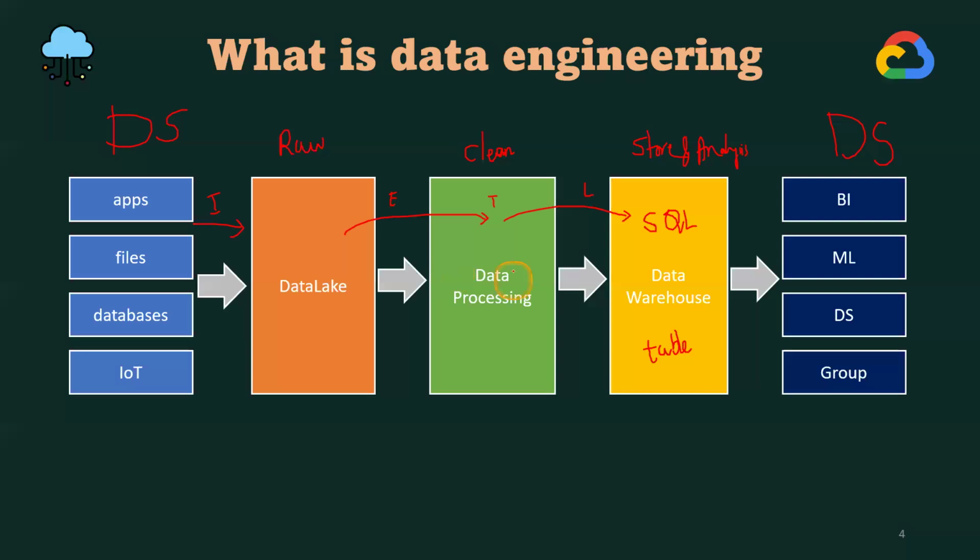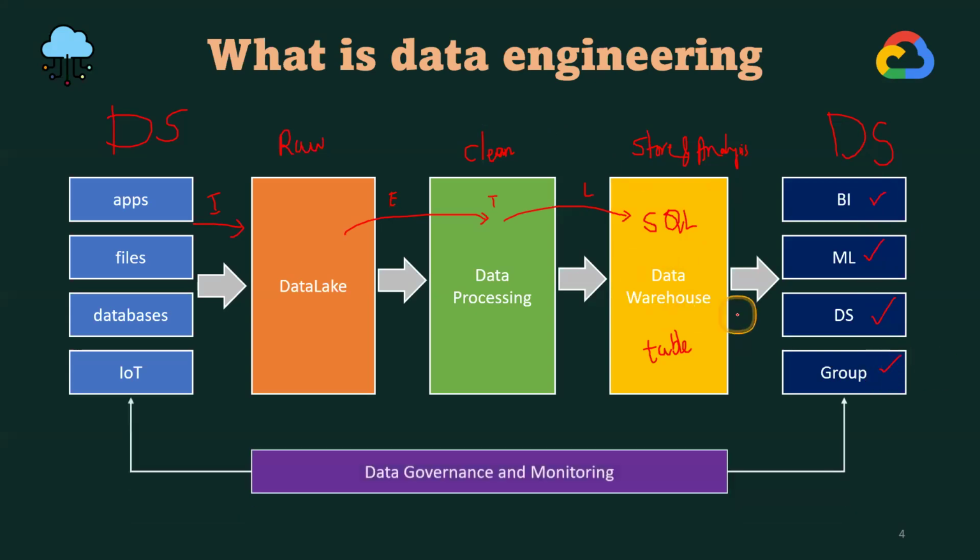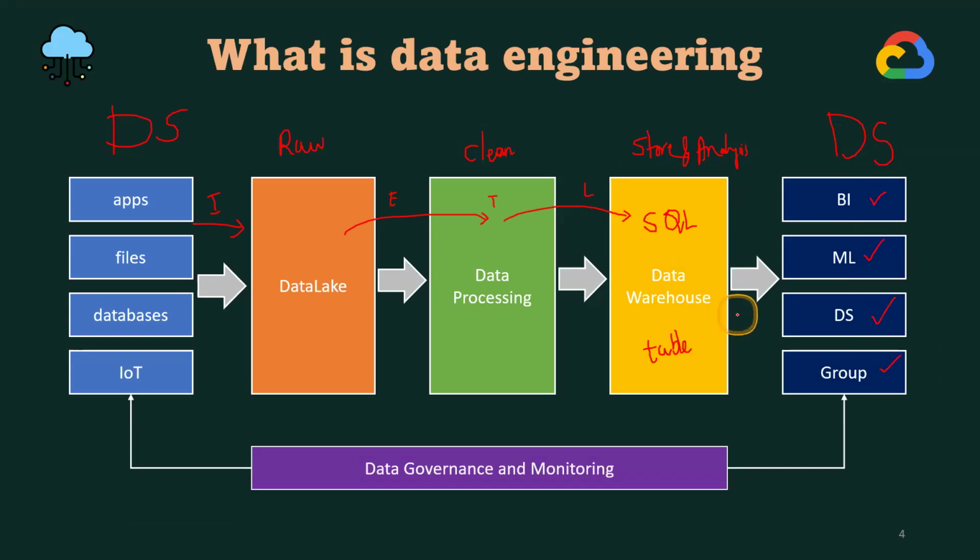And during the transformation, we are cleaning the data, enriching the data, and analyzing the data in the warehouses. Those analysis data can be used for BI for reporting and machine learning and data scientists and business groups.